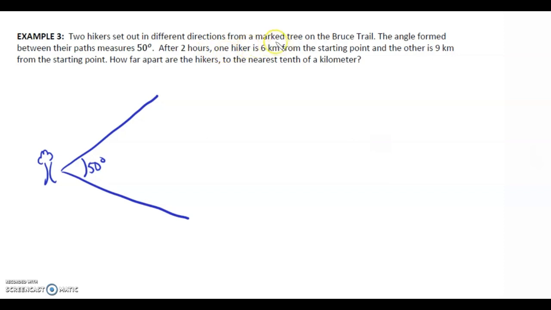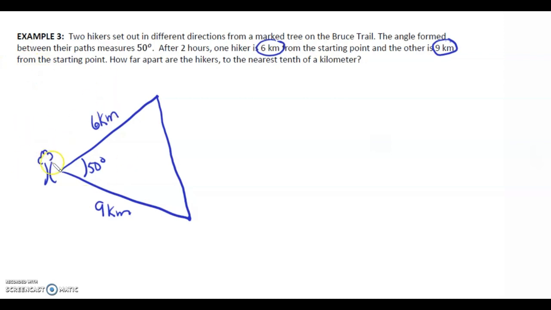After 2 hours, one hiker is 6 kilometers from the starting point. So we'll say this one's 6 kilometers. And the other one is 9 kilometers from the starting point. So let's finish this diagram as a triangle. And the question is, how far apart are the hikers to the nearest 1/10 of a kilometer?